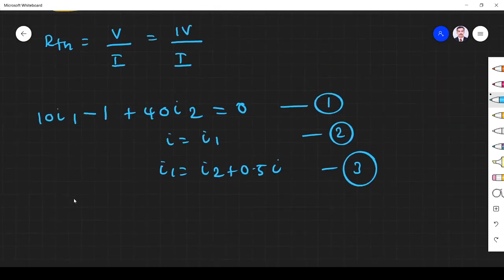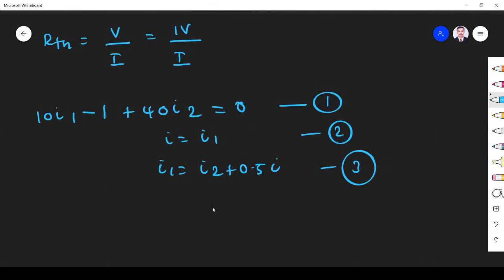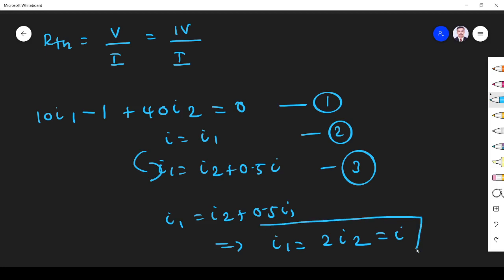You substitute I equal to I1, so I1 equals I2 plus 0.5 I1. Substituting 2 in 3, we get I1 is equal to 2 I2. We know I1 is equal to I, so I1 is equal to 2 I2 is equal to I.